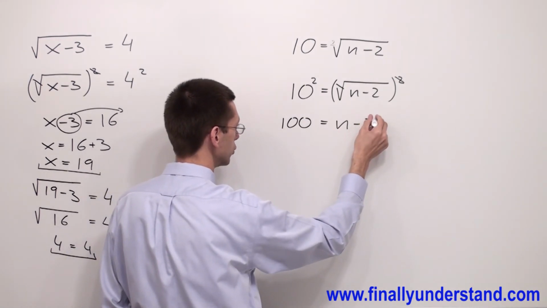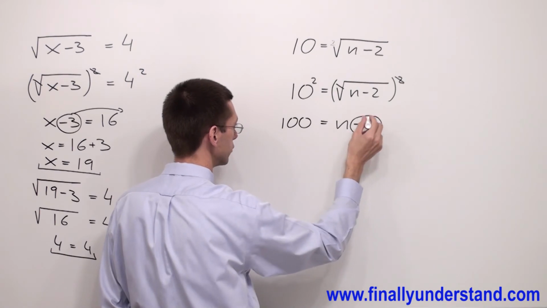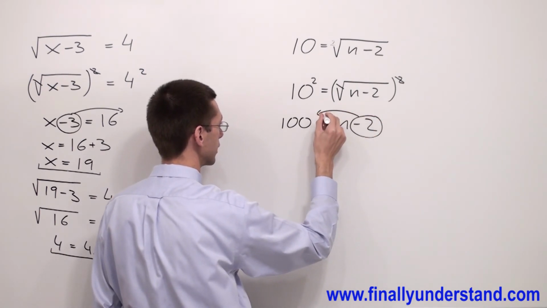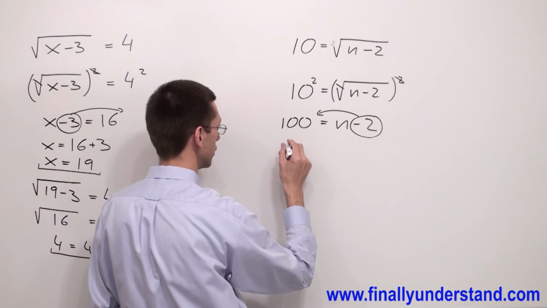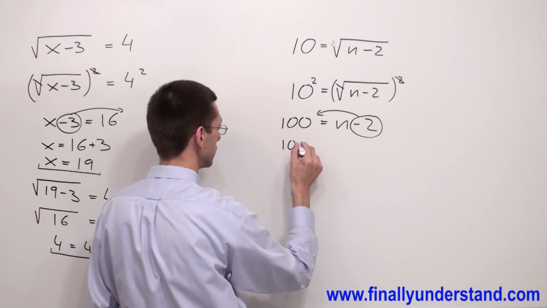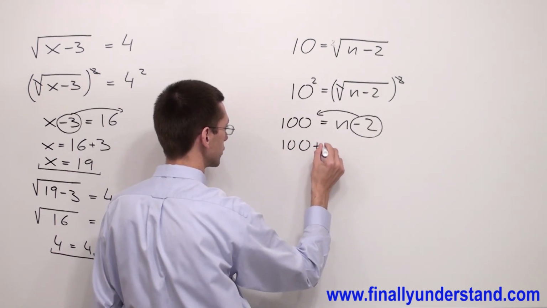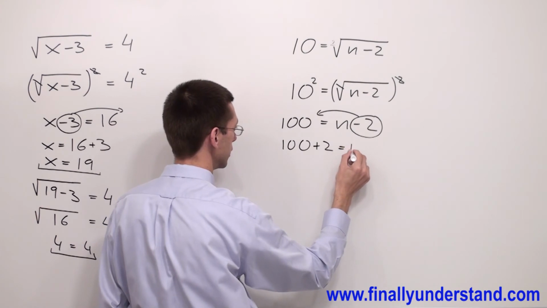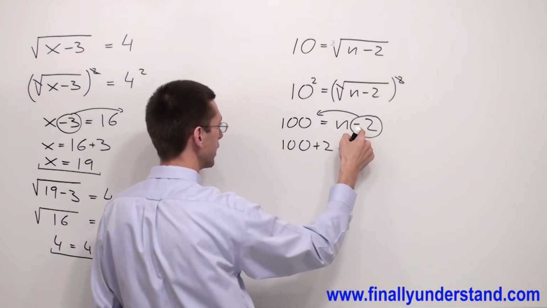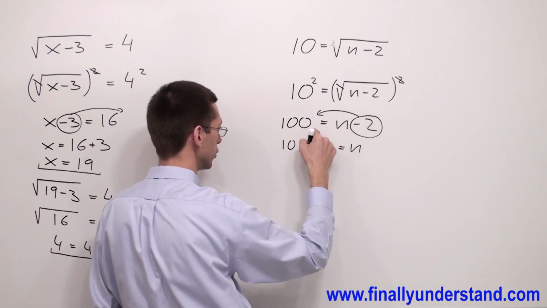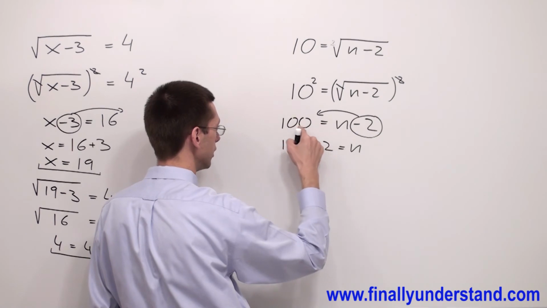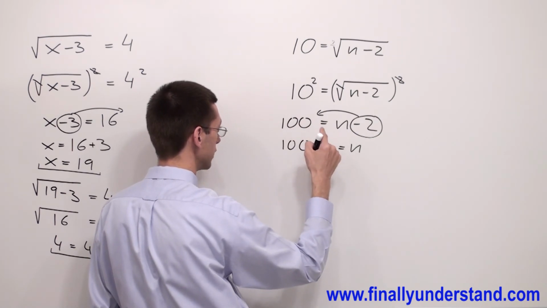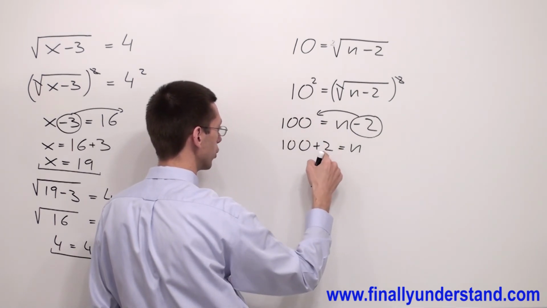So what I'm going to do, I'm going to take this negative 2 and move it to the other side. So I have 100 plus 2 equals n. Remember, anytime you move the number or variable from one side of the equal sign to the other, when the other numbers or variables stay at their original position, we have to always change the sign.